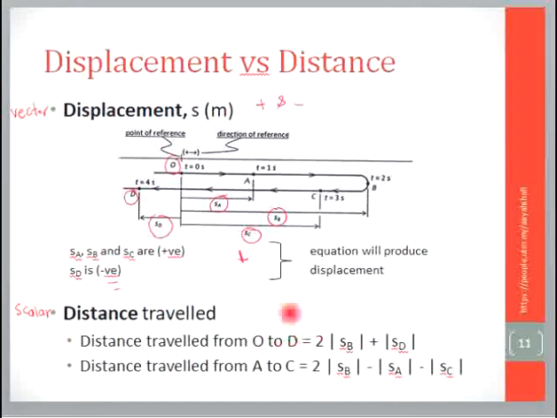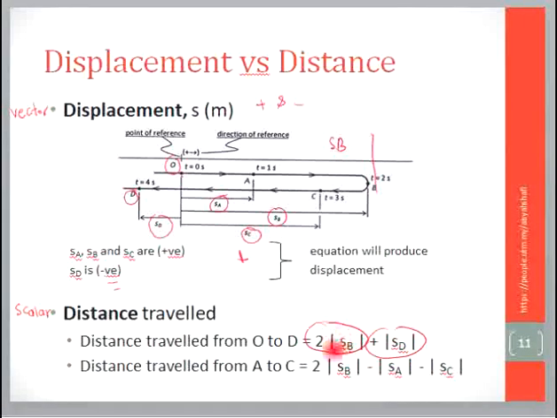So from O to D, it is 2SB plus SD, because this is B, this is SB, but this is 2SB because it goes toward the right and then rotates again toward the left, so 2SB plus SD.